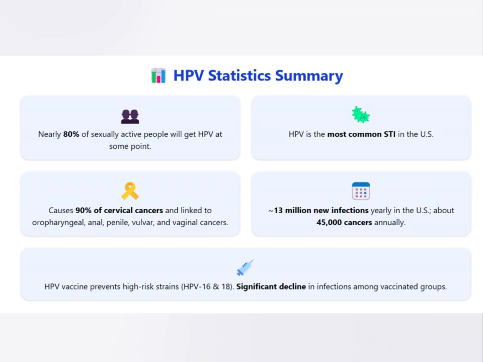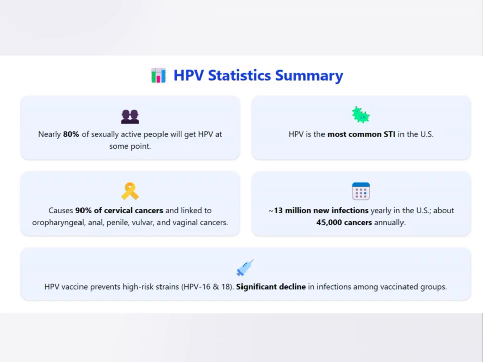So let's talk a little bit more about HPV. So the human papillomavirus is transmitted through sexual contact. Nearly 80% of sexually active people in the world will get HPV at some point. It is the most common STI in the United States. It causes 90% of cervical cancers, and is also linked to oropharyngeal, anal, penile, vulvar, and vaginal cancers.